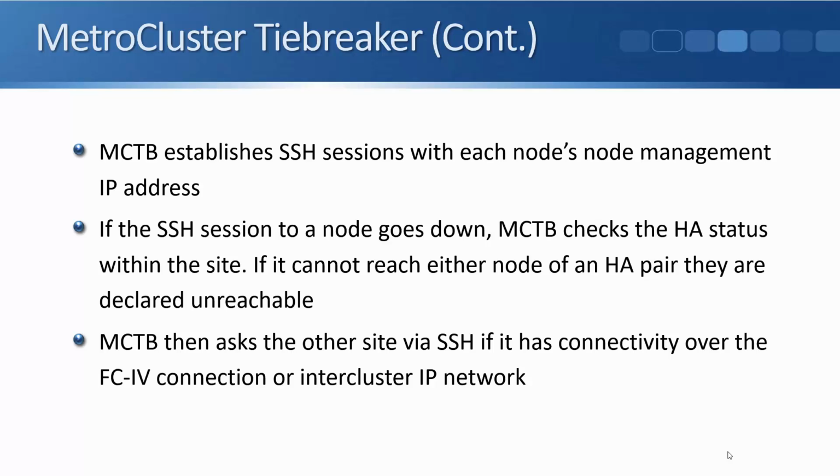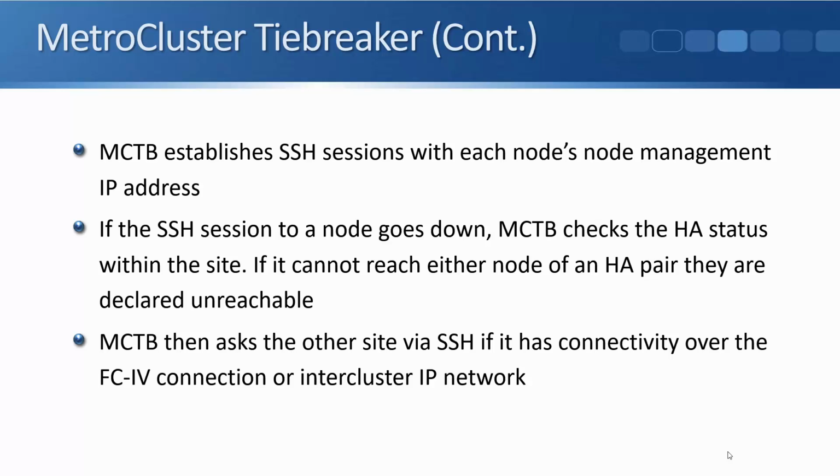But at this point, again, we've only just verified it from one site, so how do we know that it's not just the network from the third site to the HA pair site that's gone down? So we want to verify this again, we double check it. MCTB will then ask the other site via SSH if it has connectivity over the FCVI connection or the intercluster IP network.